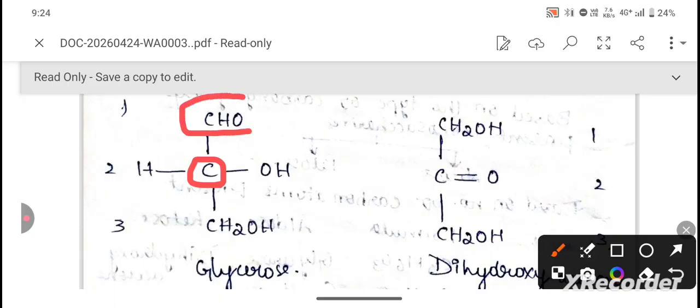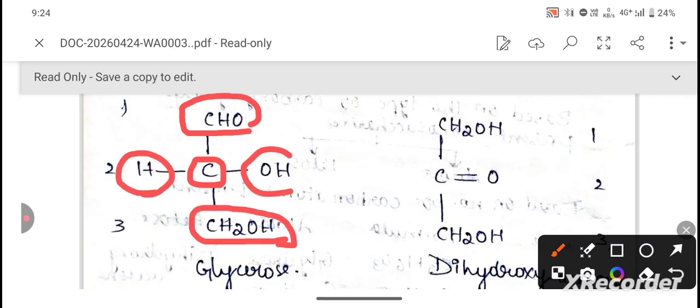At the top is the aldehyde group, at the bottom CH2OH, and on either side the hydrogen and hydroxyl groups, which are different from each other. These are the 4 different groups arranged around the carbon atom in glycerose. So in glycerose this carbon atom is an asymmetric carbon.